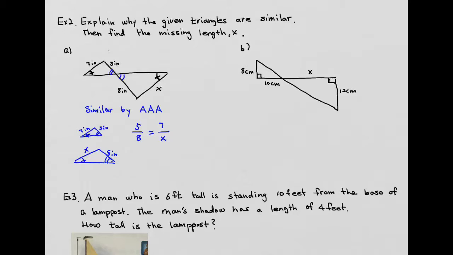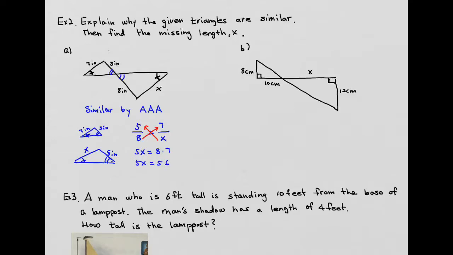Once you build two fractions equal to each other, proportions, then you can use cross multiplication. So cross multiplying will give you 5x equals 8 times 7, which is 56.